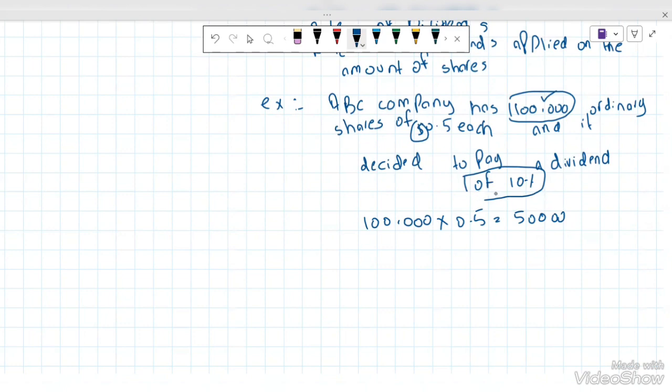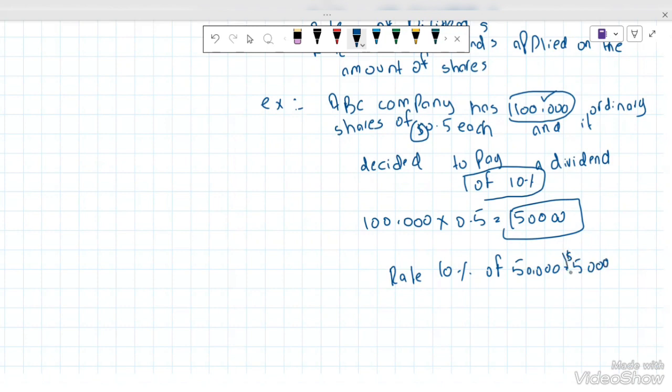They said that it decided to pay a dividend of 10%, so we just apply this 10% rate on this amount. So this amount, a company will pay us $5,000, to all the shareholders. Okay.